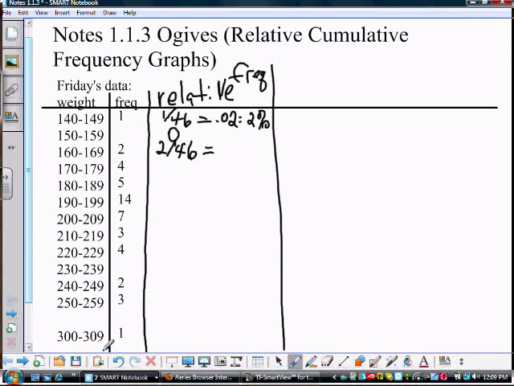So you don't have to put anything on the 150 line, or you can put 150 and a 0. So you could put in your list 140, 150, 160, 170, 180, 190, so straight up to 250, and then you can skip to 300.